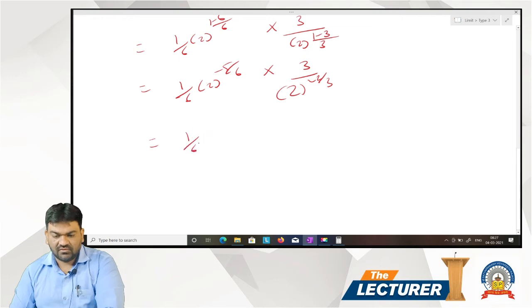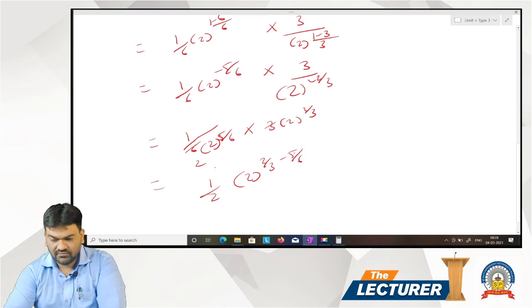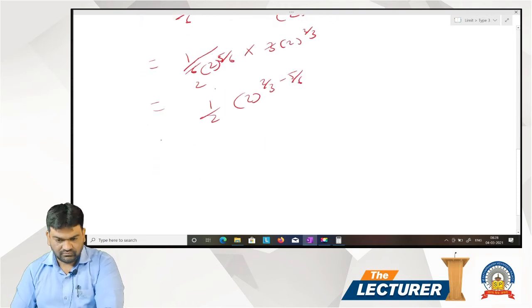The minus power goes to the denominator: 1 by 6 with 5 by 6, 3 multiplied by 2 raised to 2 by 3. So 3 twos are 6, so 1 by 2, 2 raised to 2 by 3 minus 5 by 6.